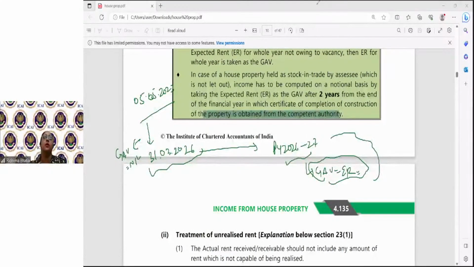This question can come as an MCQ, as a theory question also, so please focus on this. Can we claim loss, as in can you claim interest on loan in this case, Sudhanshu? Yes, you can claim interest on loan. If you have taken loan for constructing those flats, you can claim.